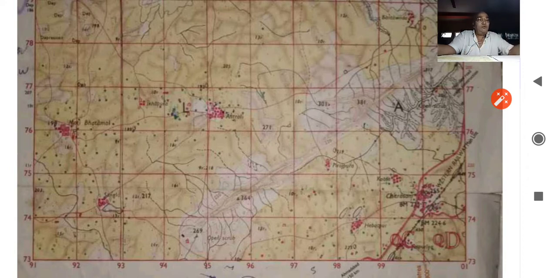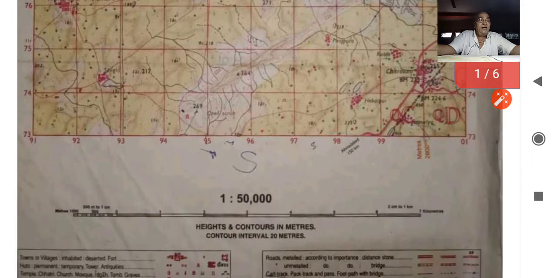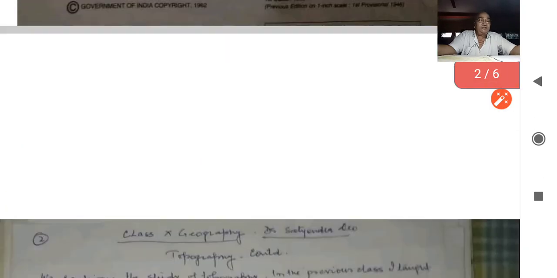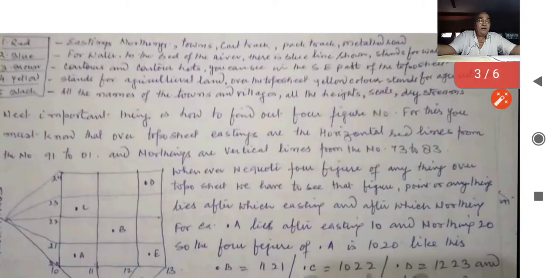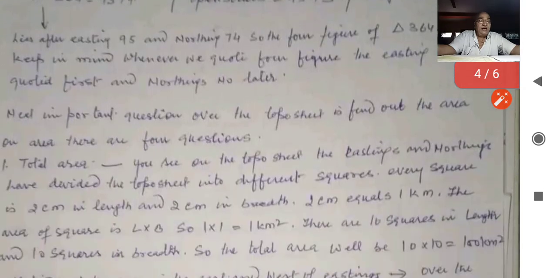Next important question over the topo sheet is to find out the area on the topo sheet. On area, there are 4 questions. Number 1, total area.